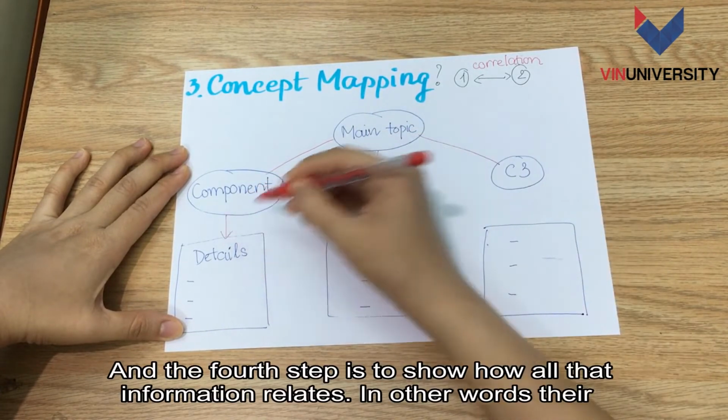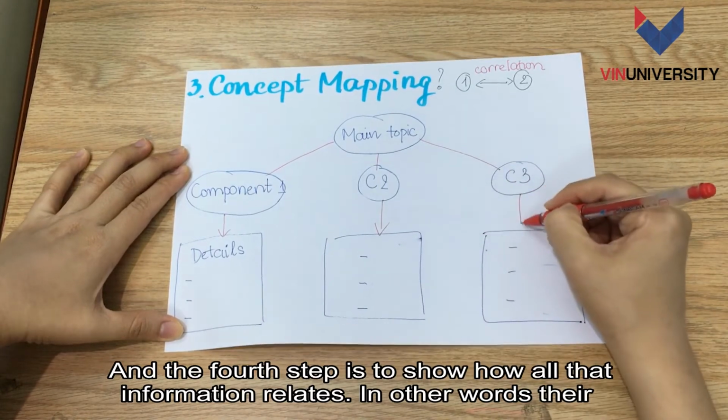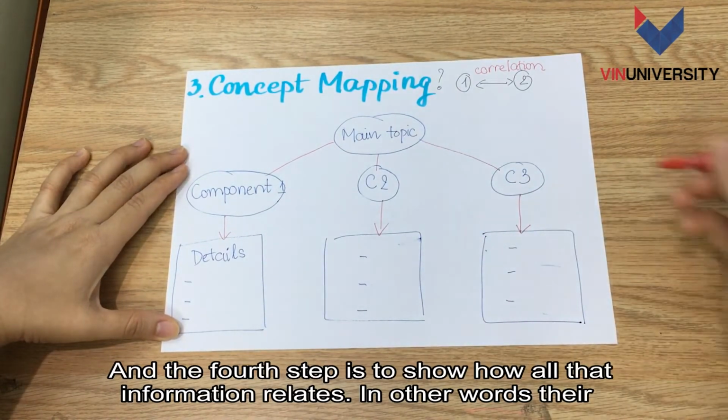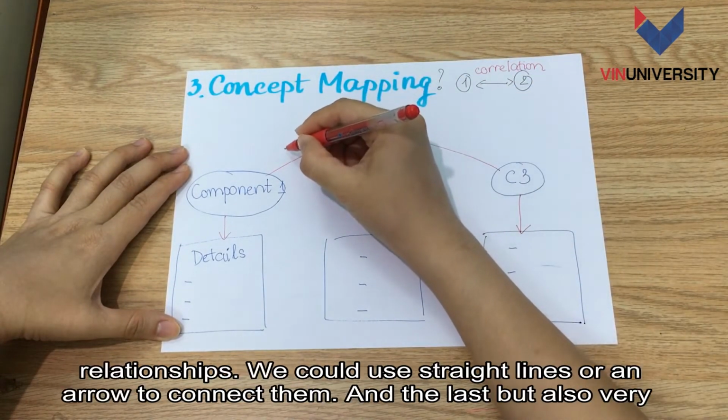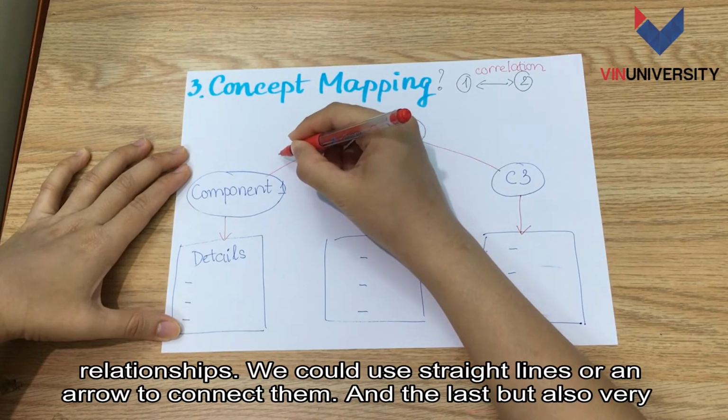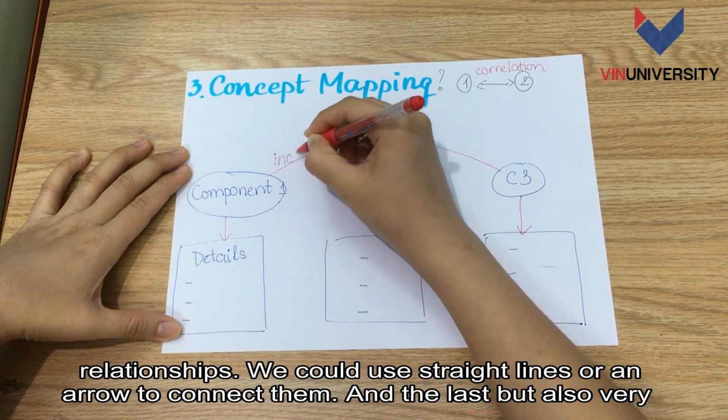And the fourth step is to show how all that information relates, in other words, their relationships. We could use straight lines or an arrow to connect them.